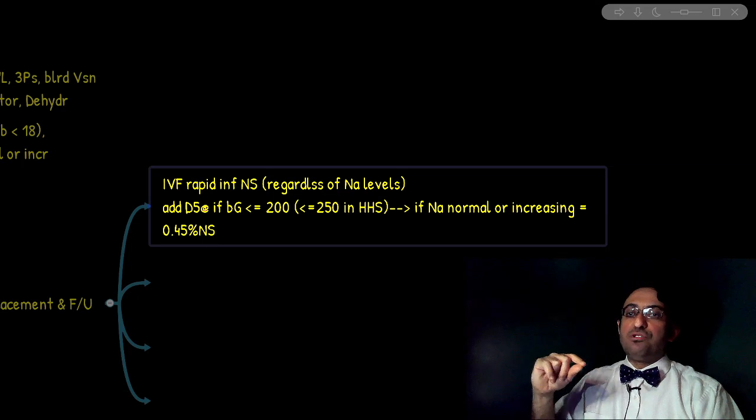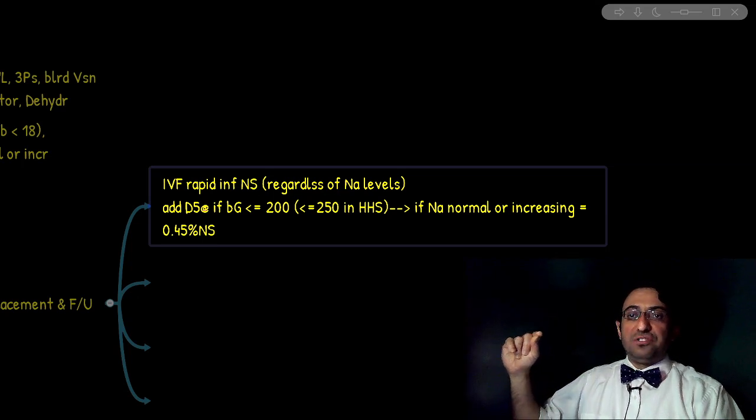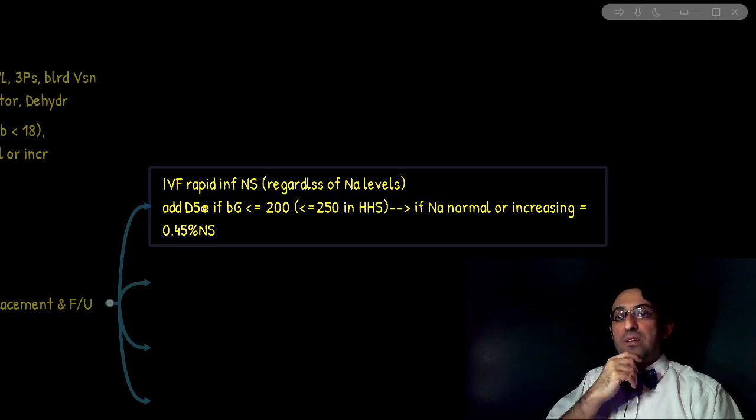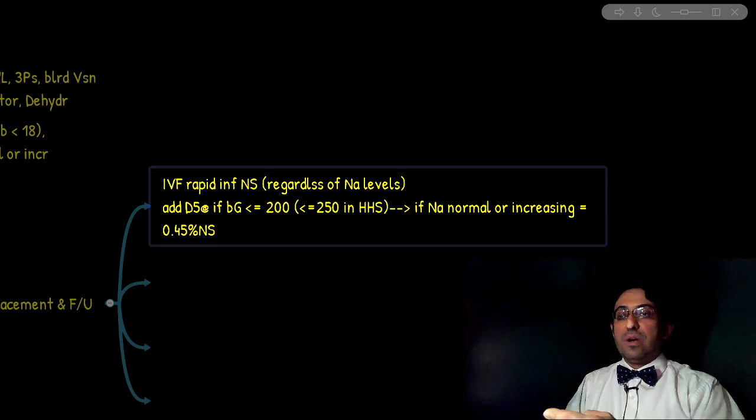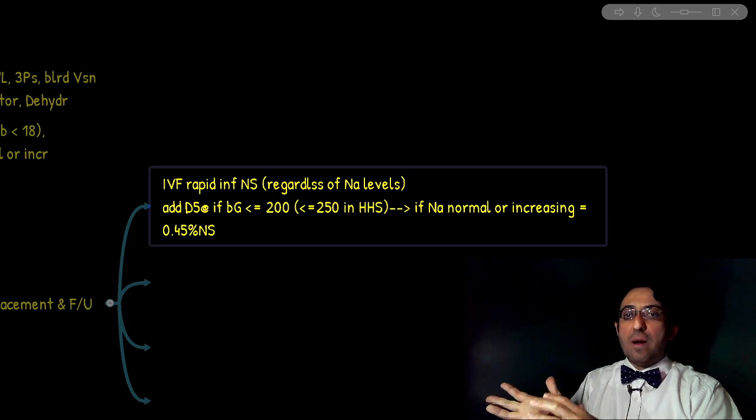Remember, later on we mention in hyperglycemic hyperosmolar state, this value for adding the dextrose water will be 250, but for DKA it's 200.